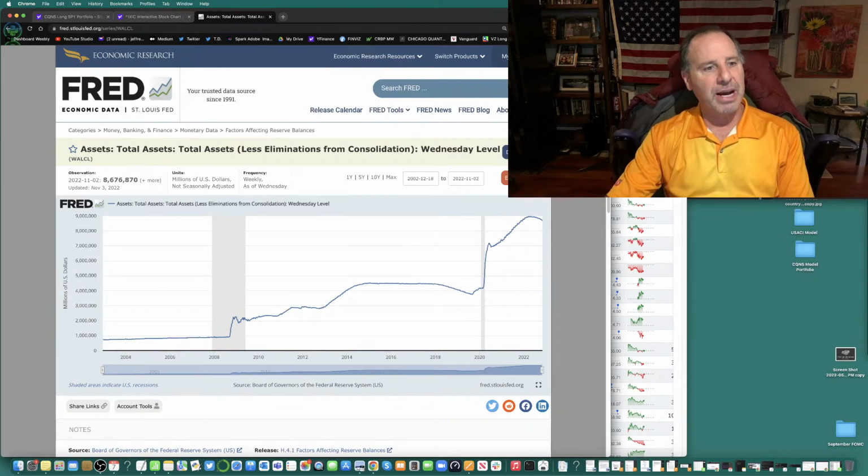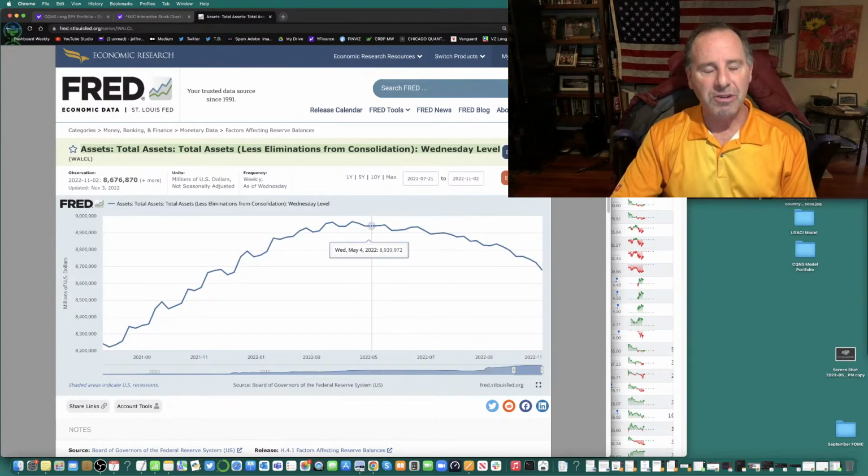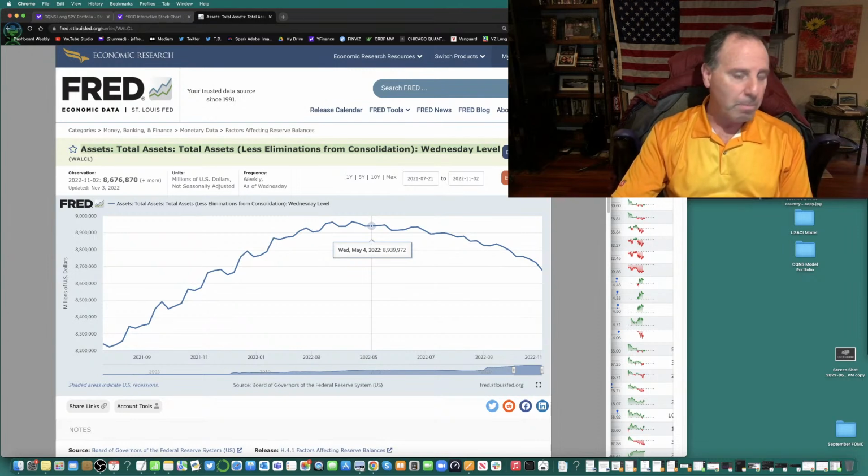Well, this is total assets held by the Federal Reserve. Now, the Federal Reserve should be one of thousands of players in the market. And so the question is, does the Federal Reserve mirror or reflect what the private market is doing? It may not, but it might.